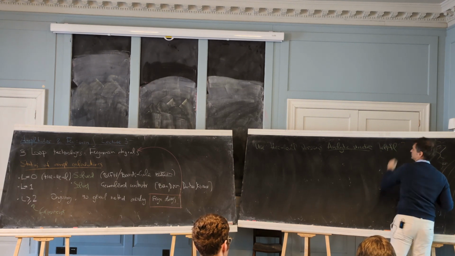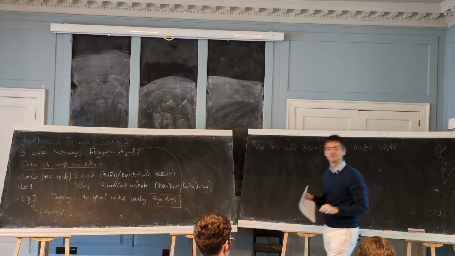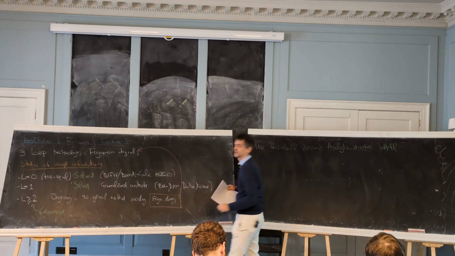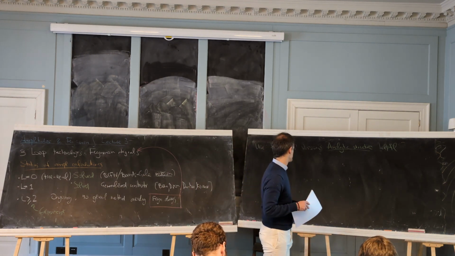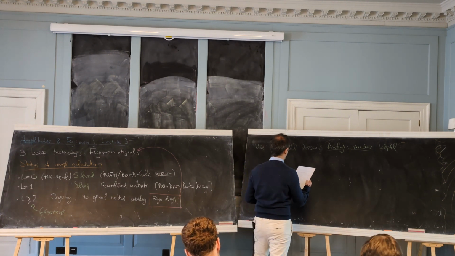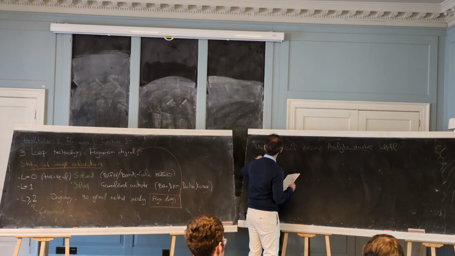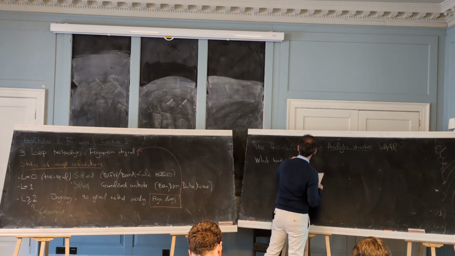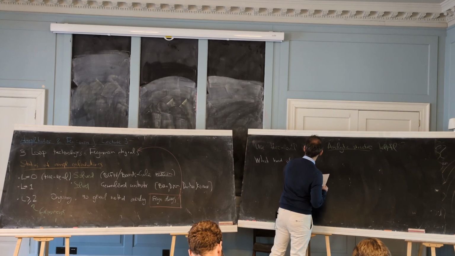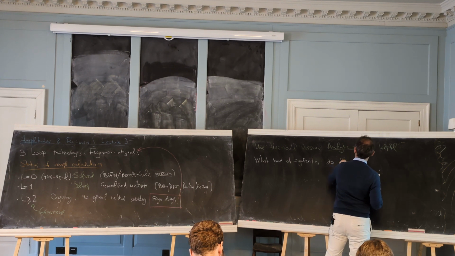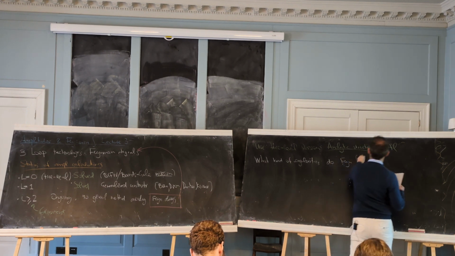Very helpful. So let's try to understand what is the analytic structure of Feynman integrals. And the first question we would like to ask when we talk about analytic structure is what kind of singularities do Feynman integrals have?